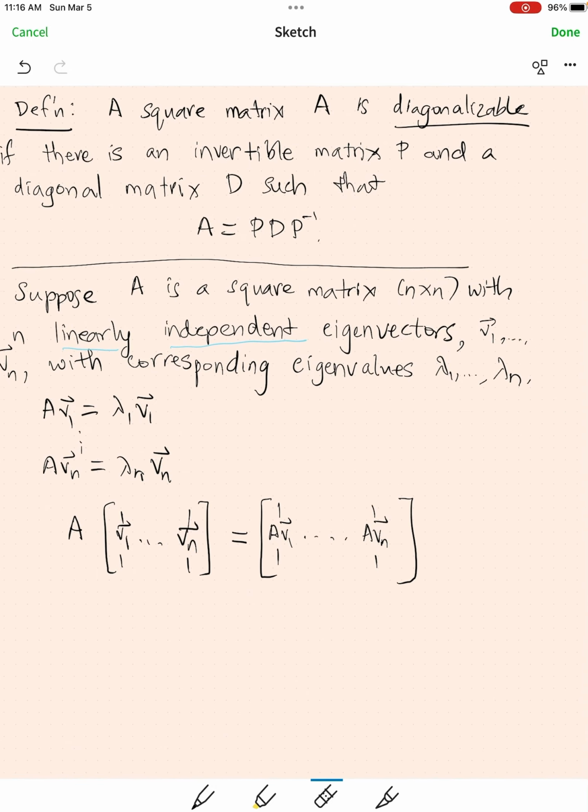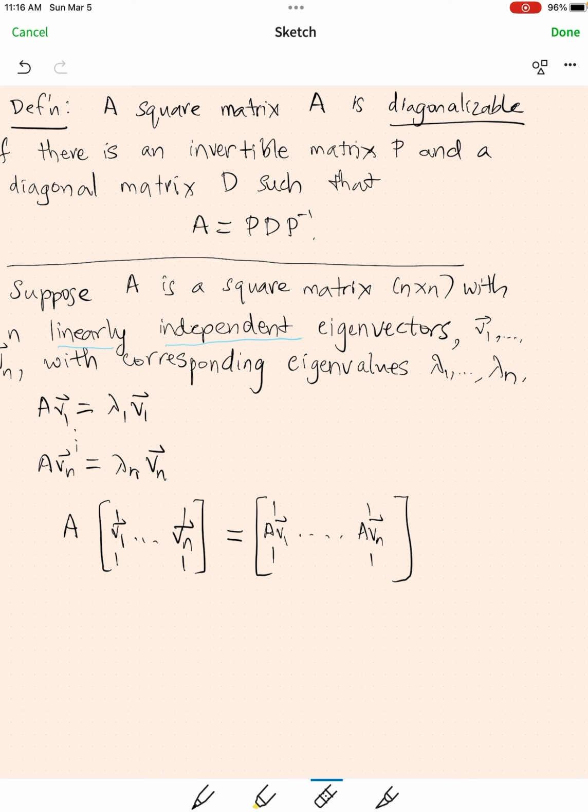Now, what do we know about AV1 through AVn? We know that V1 is an eigenvector with eigenvalue lambda 1, etc., all the way to Vn.